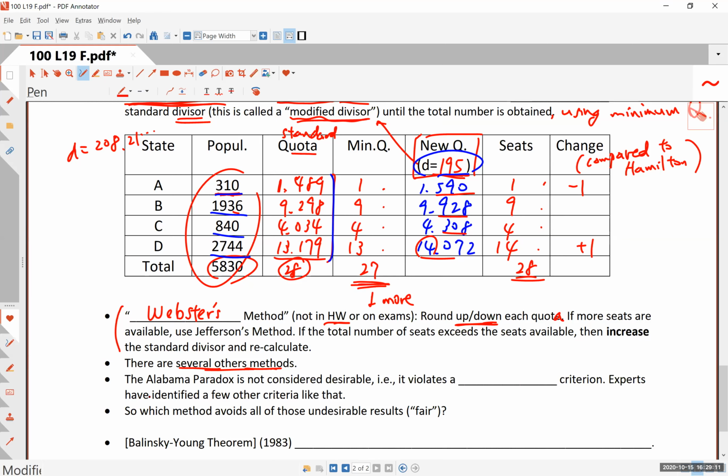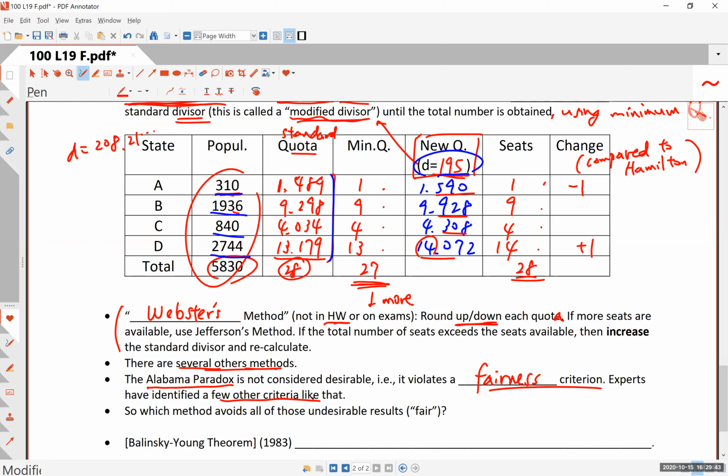And then remember, in 1880, after the census of 1880, the Alabama paradox surfaced to everybody's surprise. And so this clearly was not desirable. It violated what we call a fairness criterion. A fairness criterion is a statement that is considered fair in any kind of apportionment. And there are several fairness criteria. Experts have identified a few other criteria.